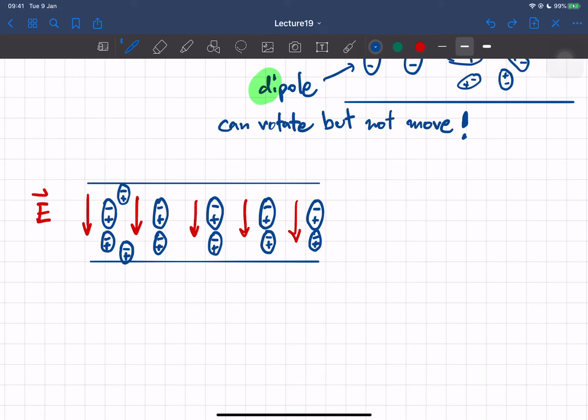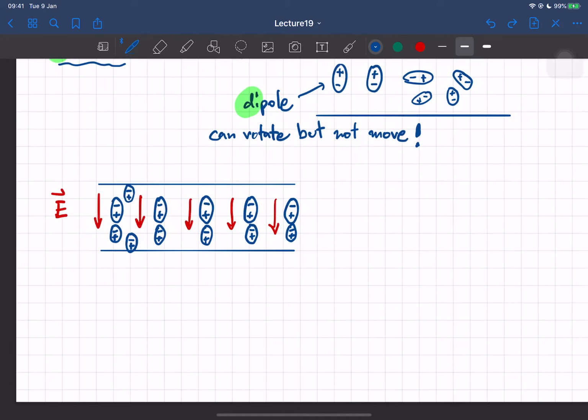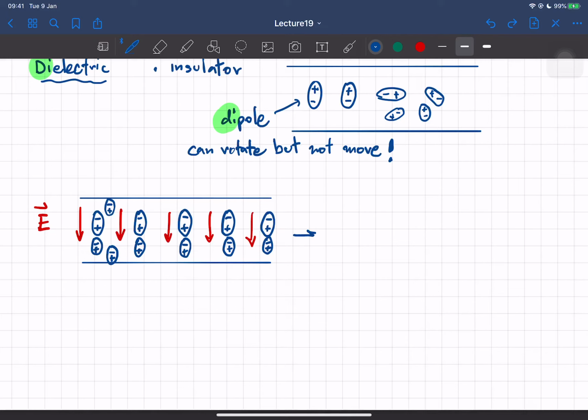So while everything inside this dielectric is cancelled out, equal plus and minus, right, at the edge there's no cancellation. So the effect of this looks like the dielectric develops minus charge at the top layer and positive charge at the bottom layer when we apply some electric field to this material.